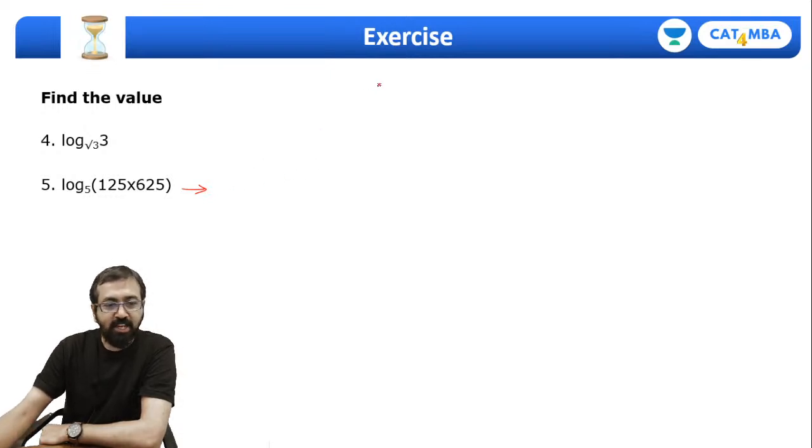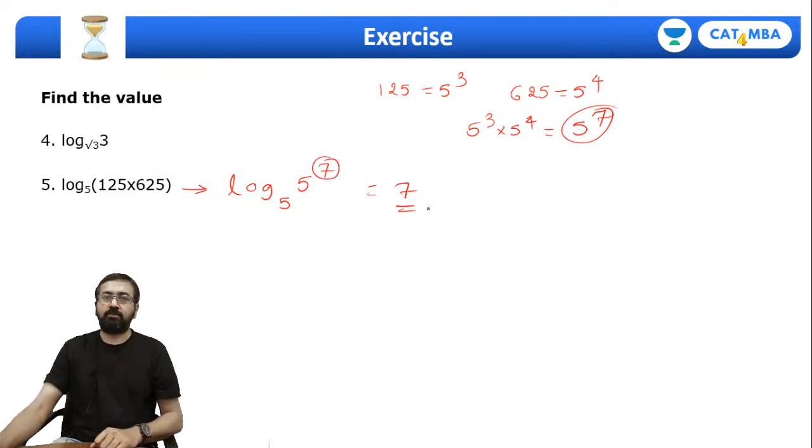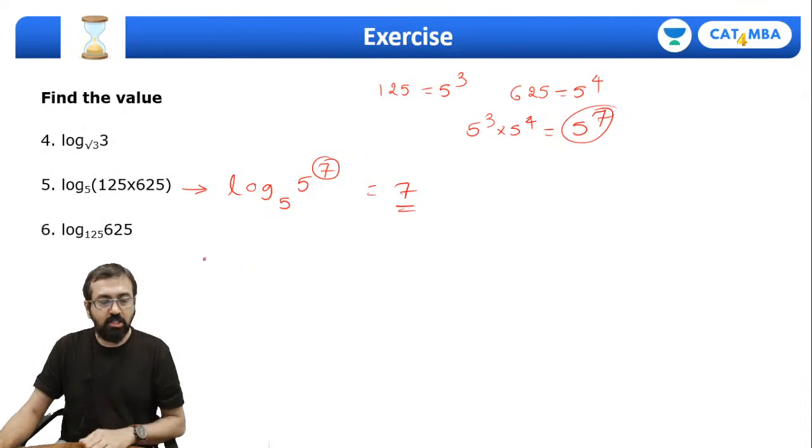So 125, you should know 125 is nothing but 5 cube. 625 is nothing but 5 raised to 4. So 5 cube into 5 raised to 4 is nothing but 5 raised to 7, isn't that so? So straight away we can write this as log of 5 raised to 7 with base 5. So this is nothing but 7. Clear to this point? Yes.